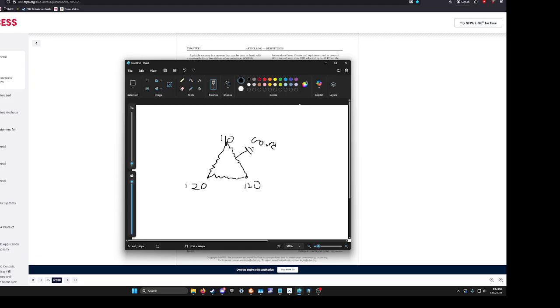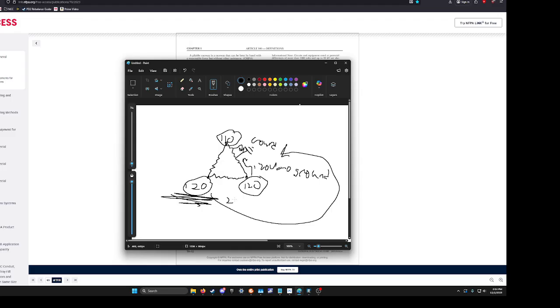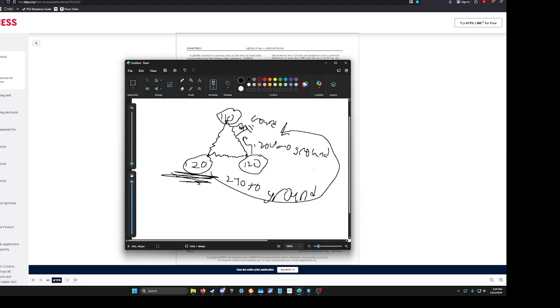So from this point and this point to ground, that's 120 volts to ground. Forgive me, I'm drawing with a mouse. But for this one, because it has to go through another section, it would be, I believe, 240 to ground. I'm pretty certain that's correct. I'm not sure, though. I'll probably brush that up with Troy at some point and put out a correction.